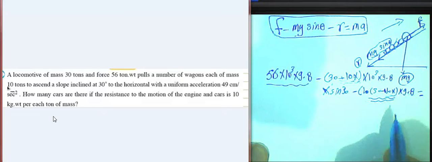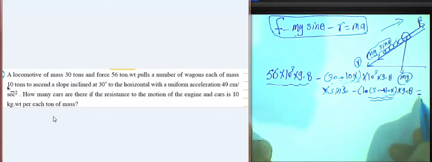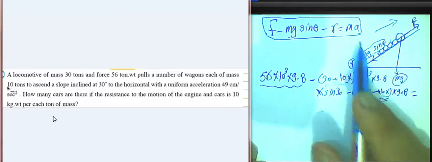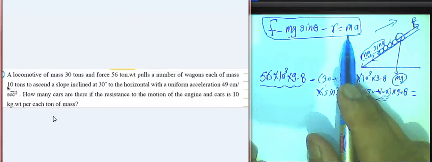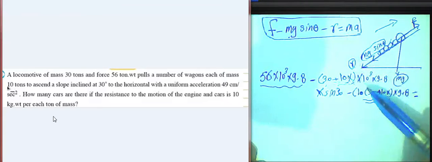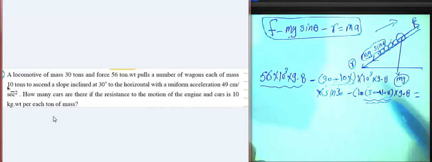Okay, why? Because it was about what? About weight. We must convert from ton to kilogram. We must write here this weight multiply 10,000, such that here we can complete it.